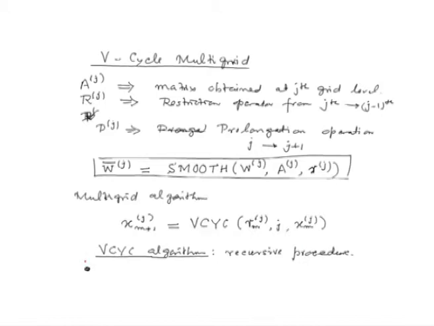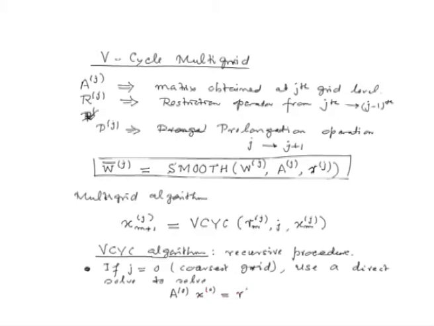First, let us check the grid level. If we have reached the coarsest grid level, so if j is equal to 0, which represents the coarsest grid, in this case we will use a direct solver to solve the system A0 x0 is equal to R0.